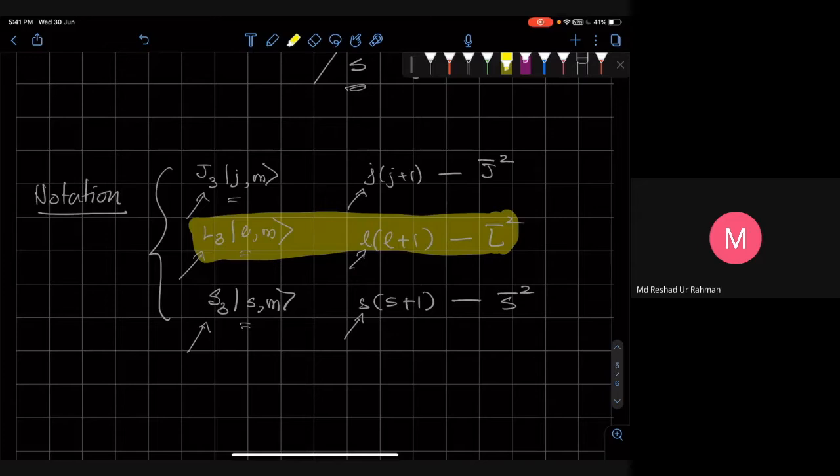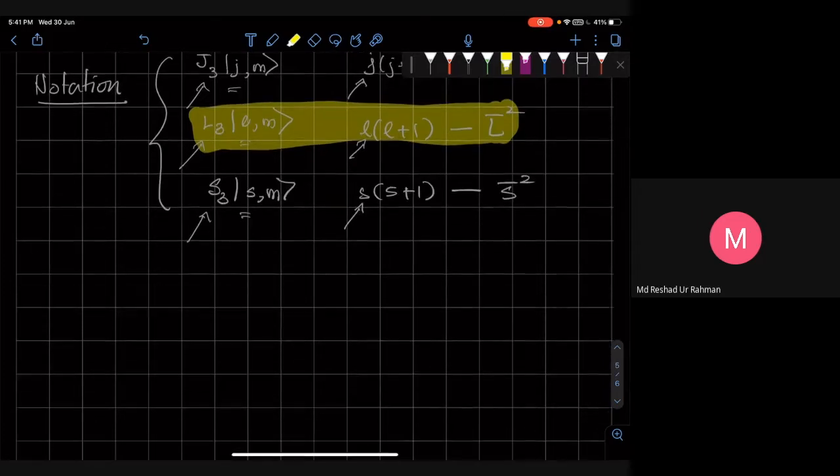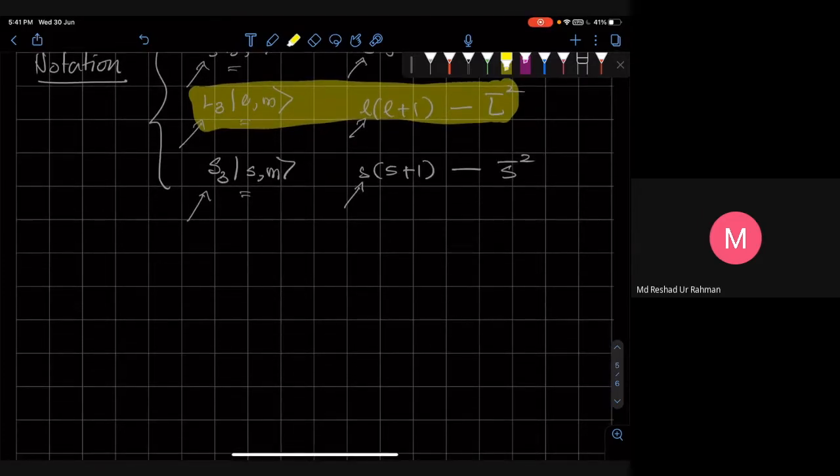Okay, so we've just seen that the orbital translation around a circle is given by the orbital angular momentum.